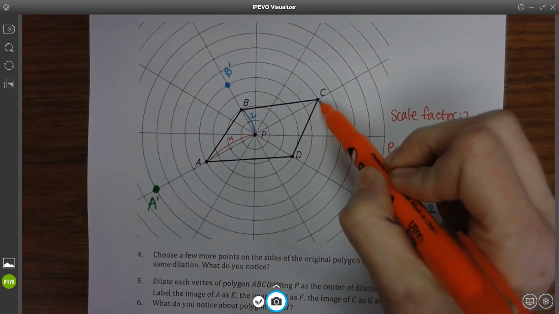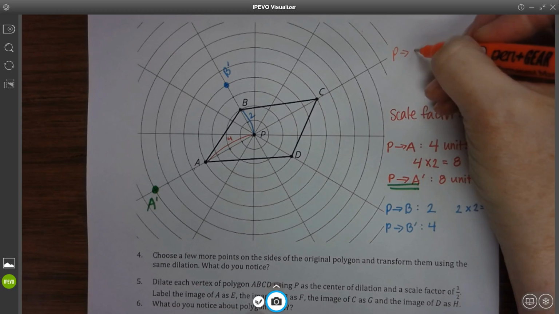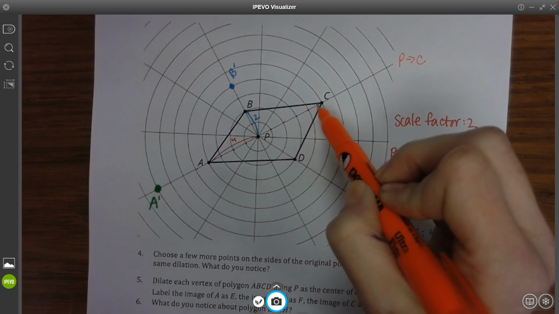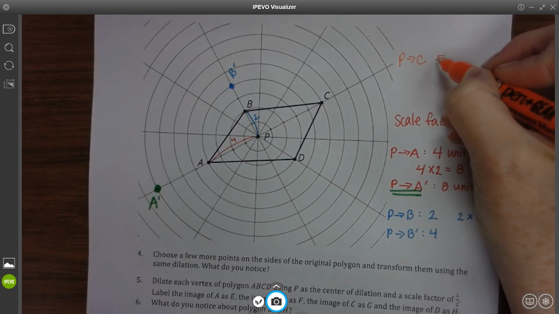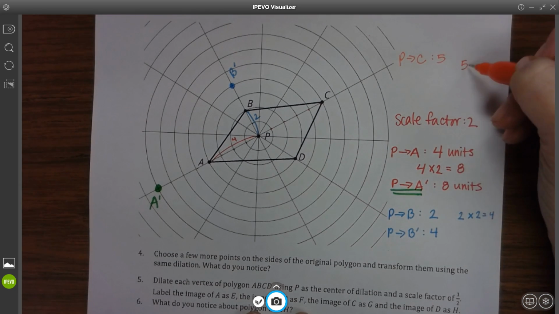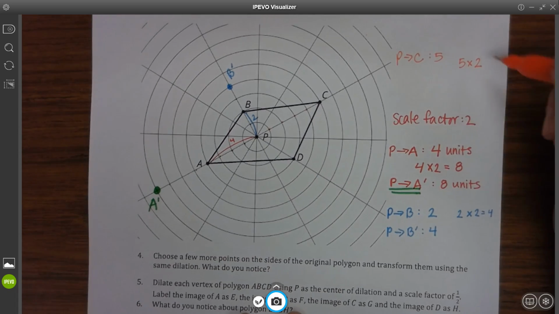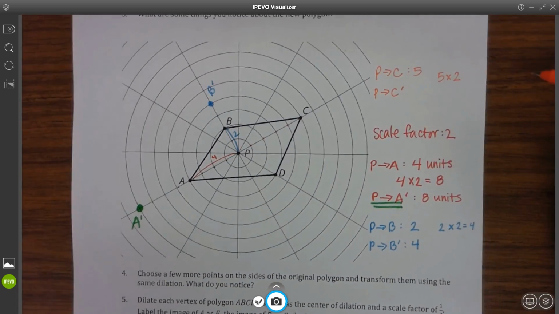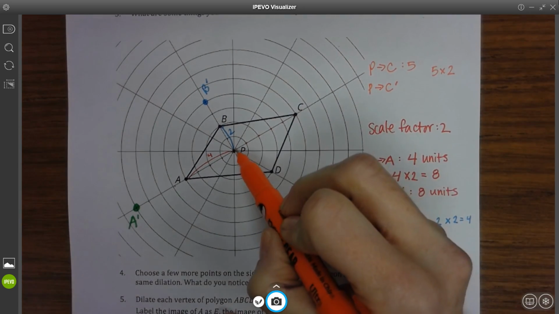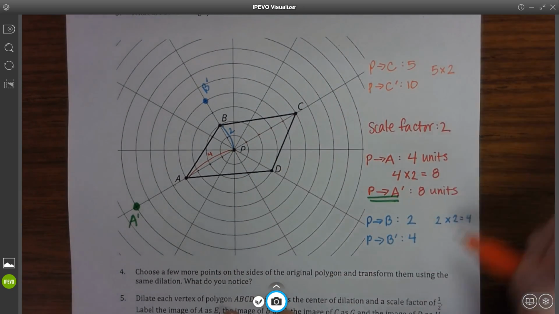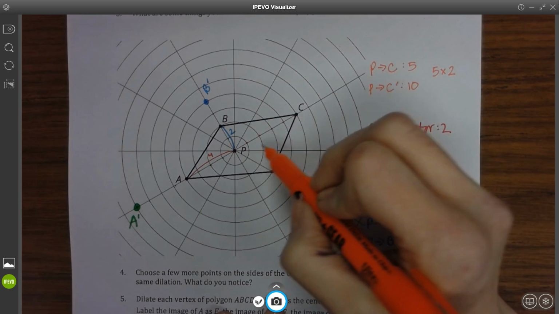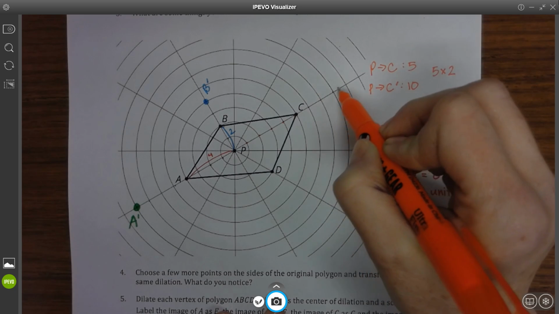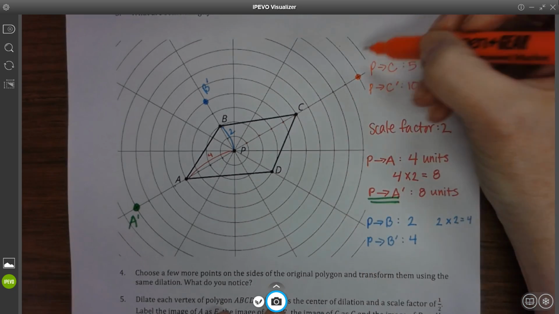Okay, so let's look from P to C. So from P to C, it's 1, 2, 3, 4, 5. 5 times my scale factor of 2, P to C prime is going to be 10 units. 1, 2, 3, 4, 5, 6, 7, 8, 9, 10.